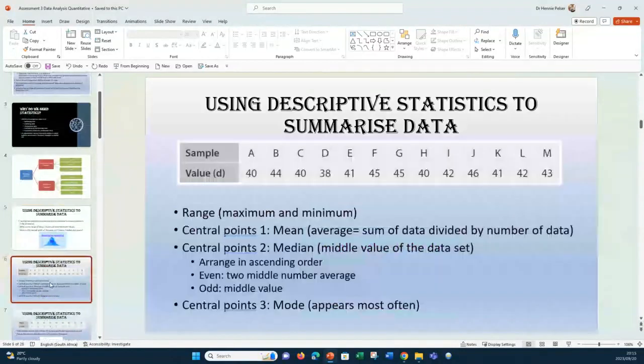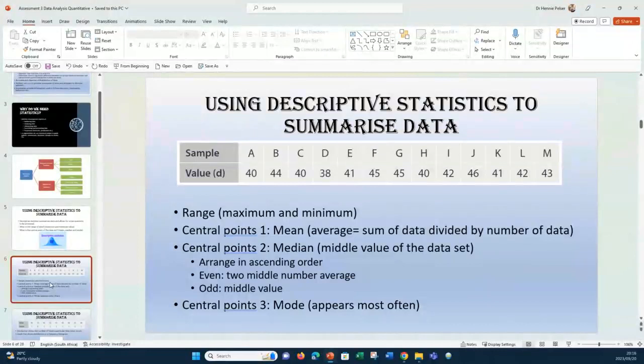The kinds of things you can consider using, please look at those suggested reports that I've already mentioned. To work out some of these, the mean is the average. Add the different bits of data together and divide by the number of data points. You calculate the average in Excel, which is very simple to do.